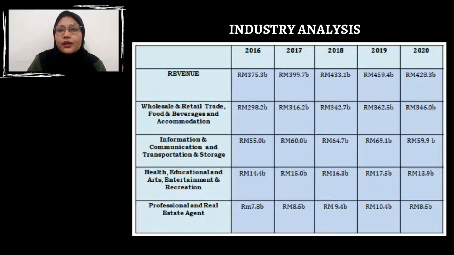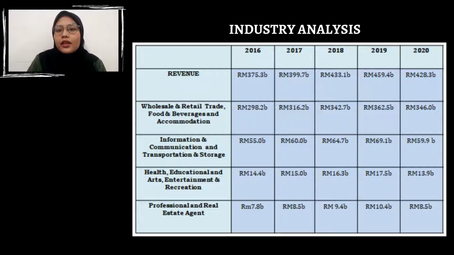From information and communication and transportation and storage is 60 billion ringgit. From health, education and art, entertainment and recreation is 15 billion ringgit. From professional and real estate agent is 8.5 billion ringgit.